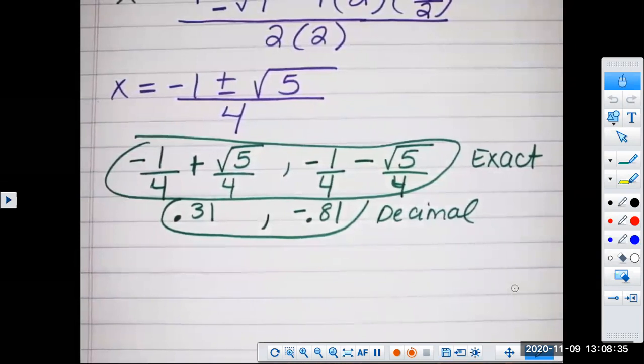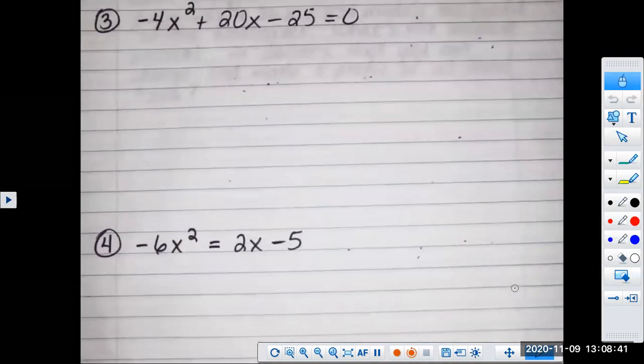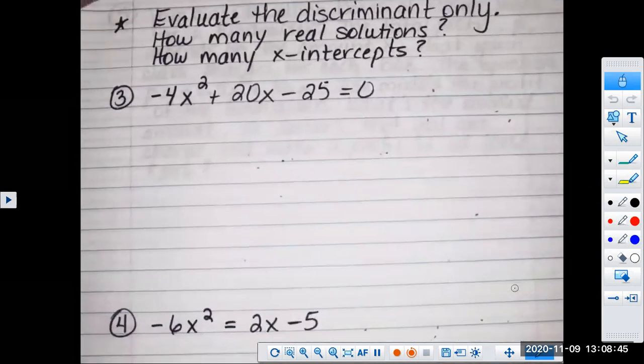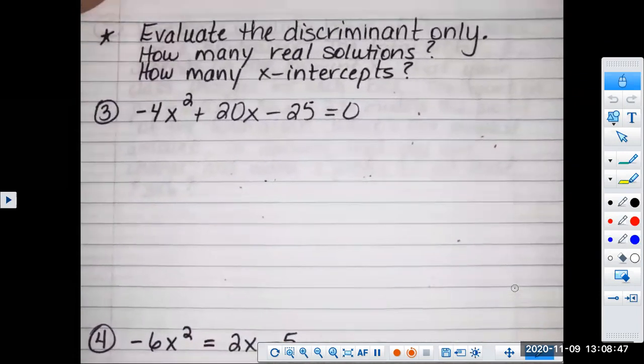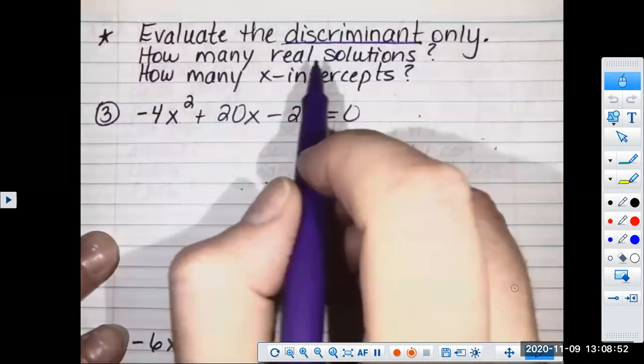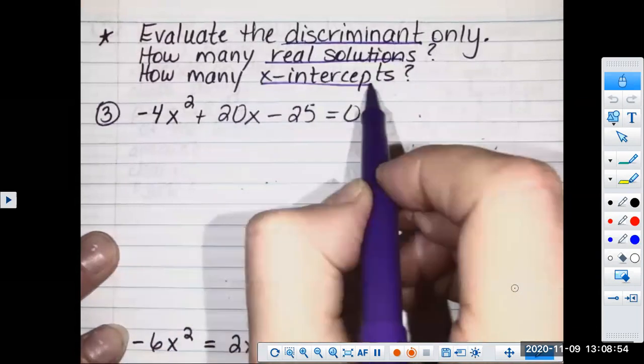Okay, the next two problems are simply going to be evaluating the discriminants and telling how many real solutions you have. So all you have to write, if you're writing the directions at all, just write discriminant, how many real solutions, and x-intercepts.